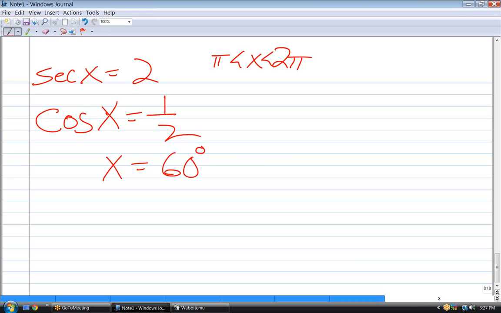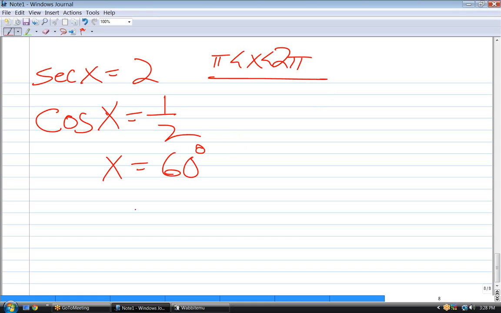60 degrees. Okay. What quadrant are we in based on this restriction here? Fourth? Yes. We're in either the third or the fourth, and cosine is positive only in the fourth. It's negative in the third. So we know we're in the fourth.